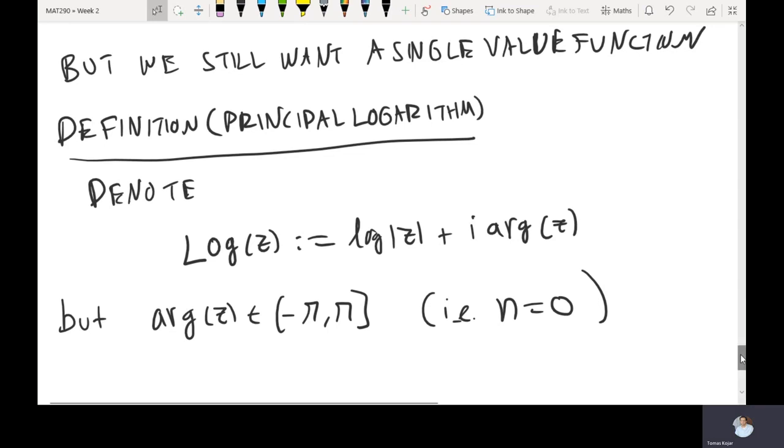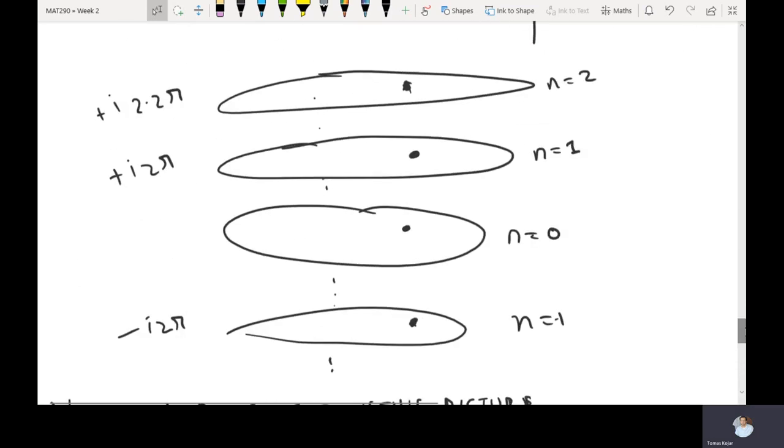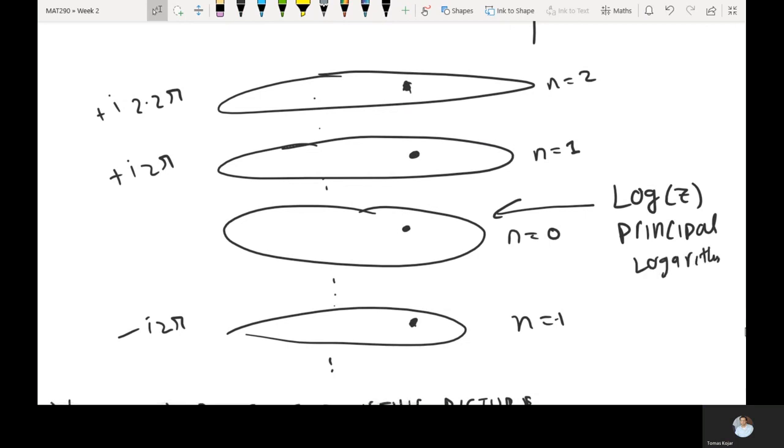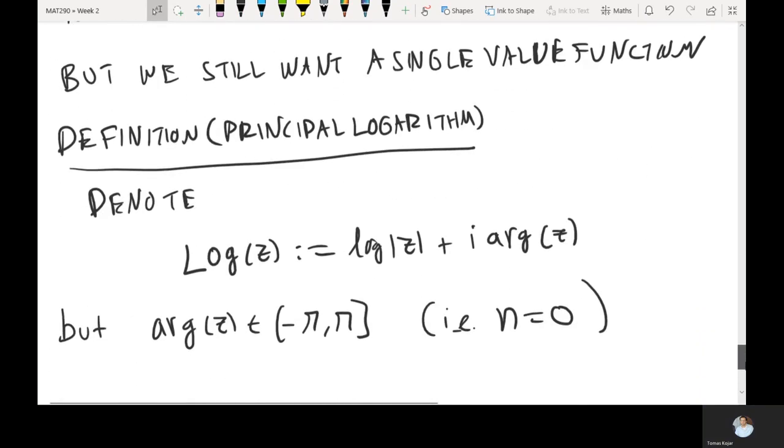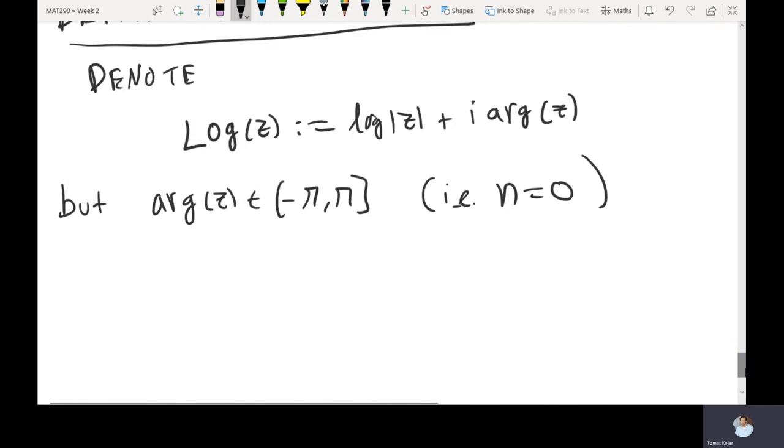So the principal logarithm in this picture is this guy. So we ignore all the phase shifts, and we only keep the 0 shift, so no shift at all.